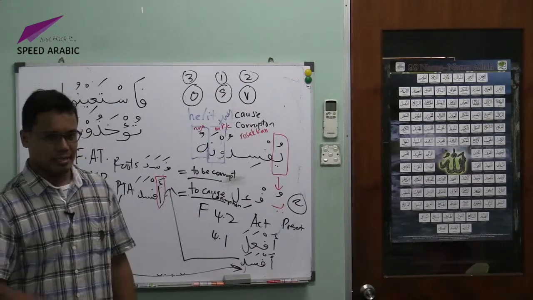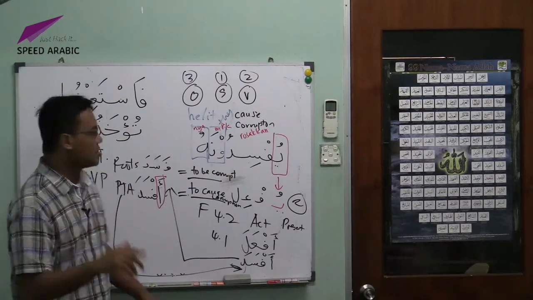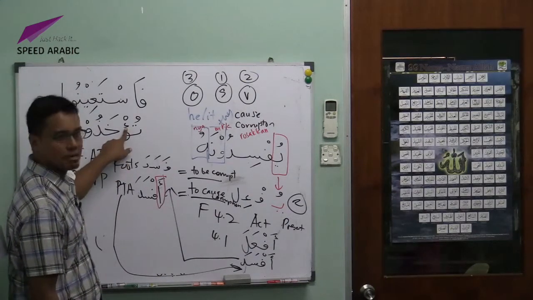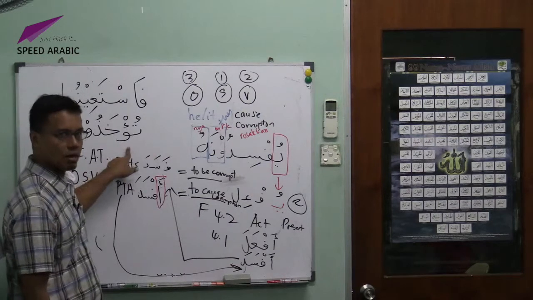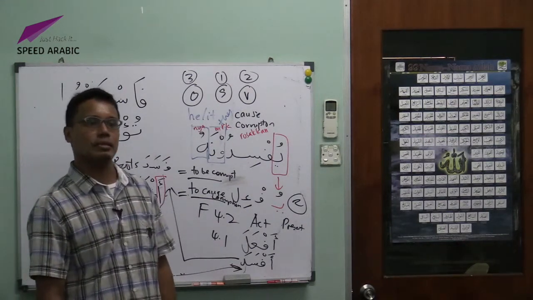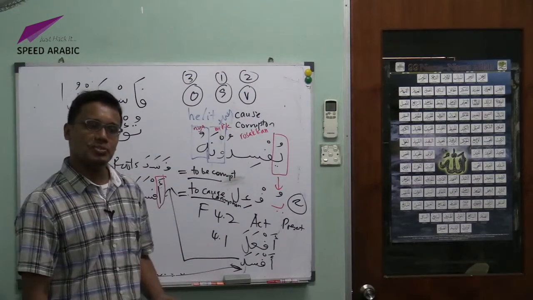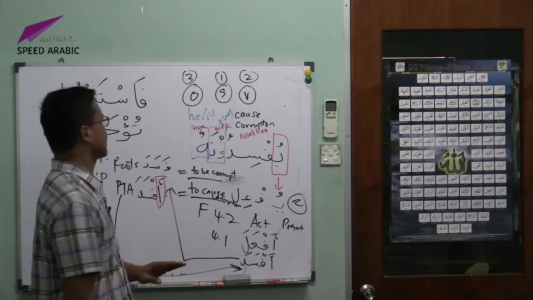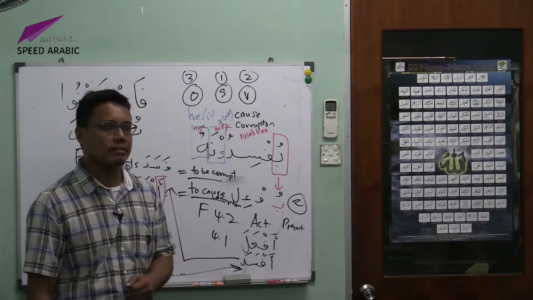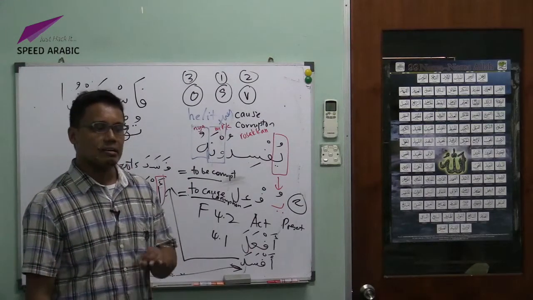Okay. Okay, just a tip for you. This waw can be a waw and can be a hamza. Can be a waw, can be a hamza. So just bear in mind. Okay. Once you do this, at least 80-90% you can hack.